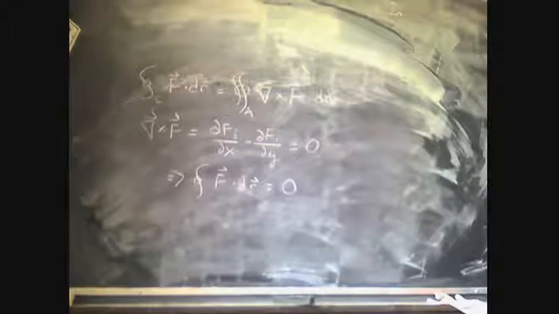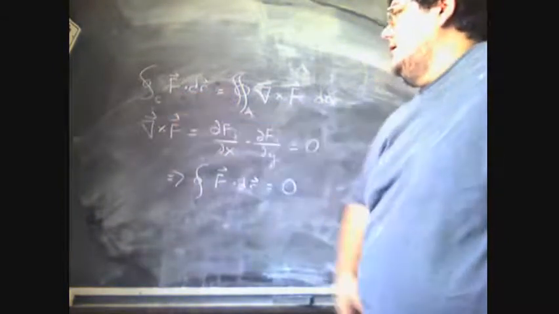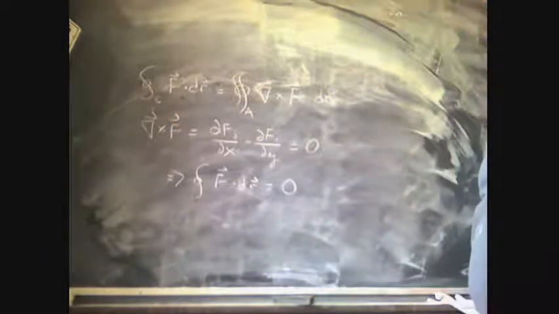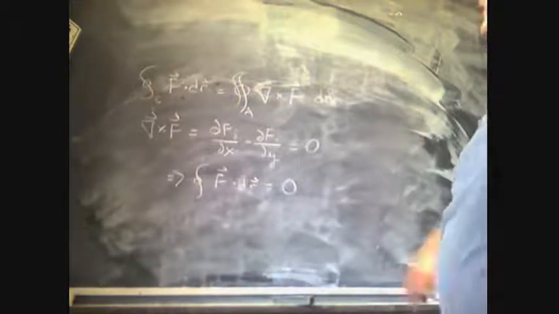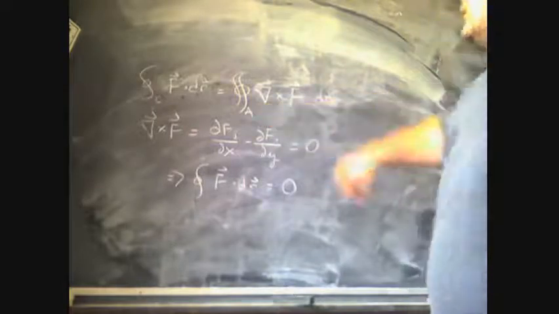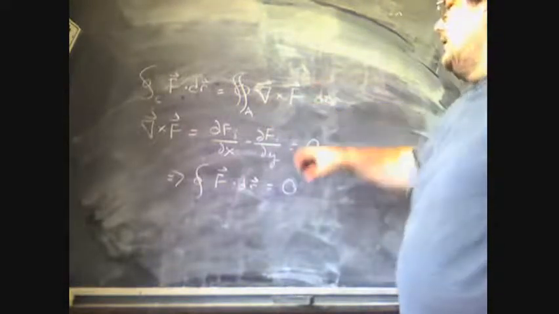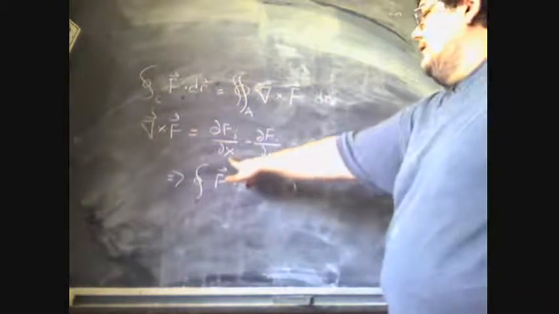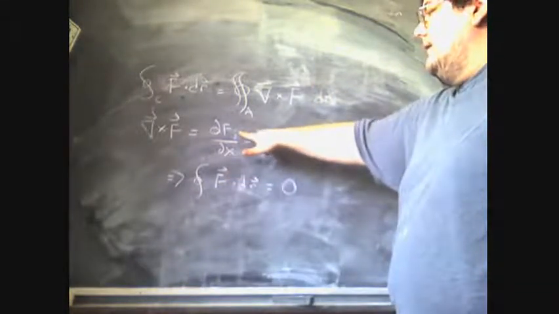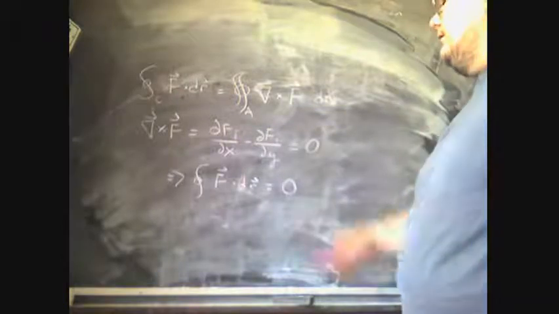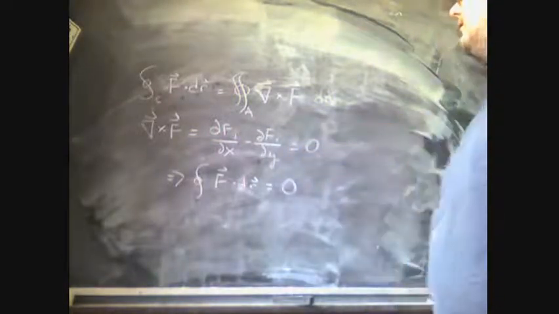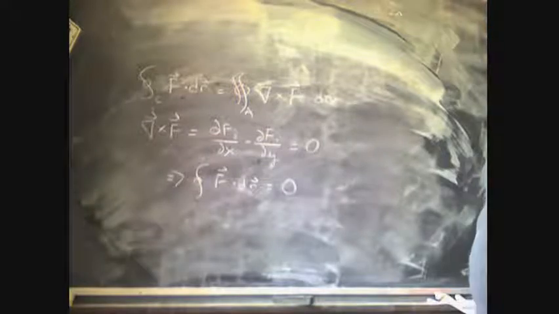Fortunately, if you remember your calculus at all, we have something called Stokes' theorem, which will help us tremendously. Basically, if we're given a line integral, F dot dr, that is equivalently the same as the area integral of the curl of the field, where, fortunately for our field in 2 dimensions, our curl basically becomes this condition: the j component of F differentiated by x minus the i component of F differentiated by y.